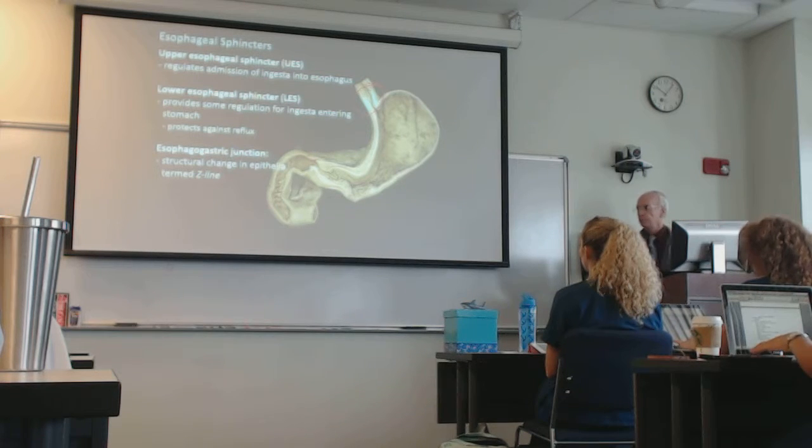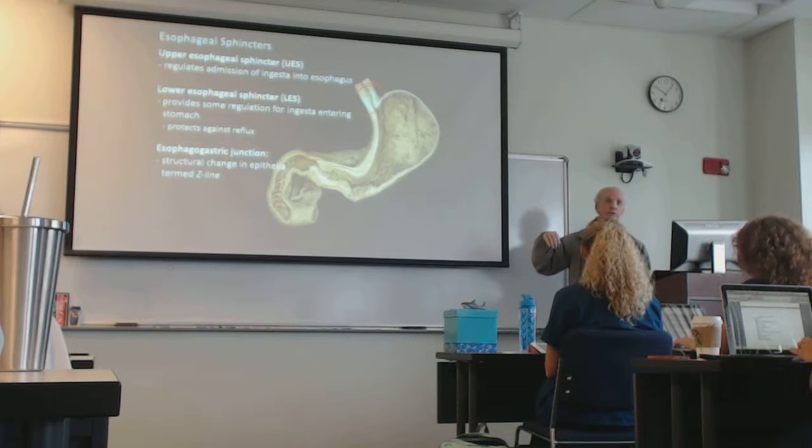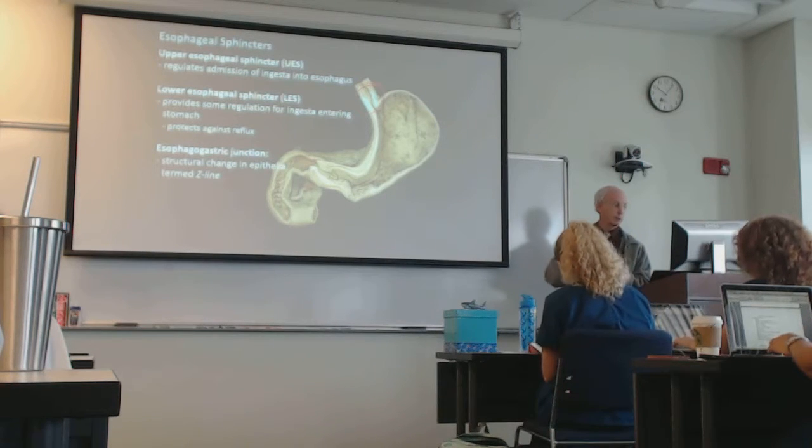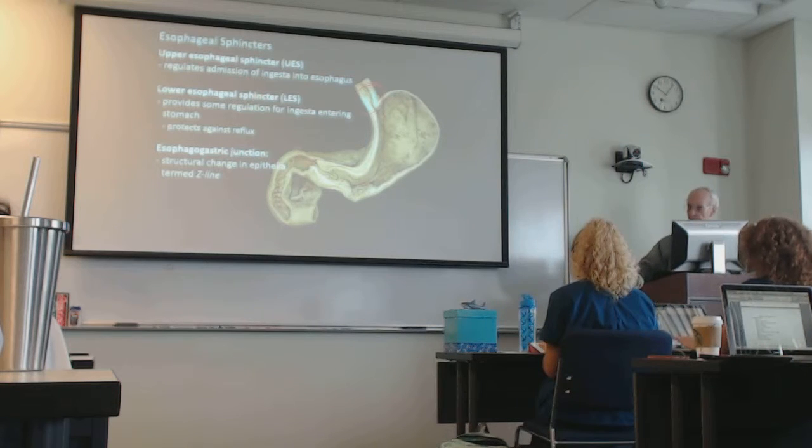By itself, that's not a problem, Barrett's esophagus and so on, but it can dramatically increase the risk of esophageal cancer, for example. So those histological changes, in addition to the other problems, everything from voice changes to heartburn and pain and so on, can be accompanied by substantive increases in critical disease risk. As I say, we'll come back and we'll have a better picture of the Z line.